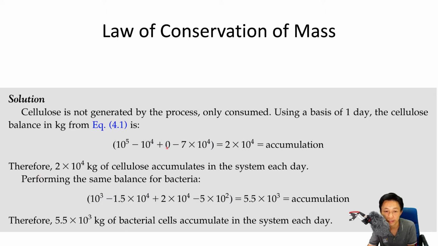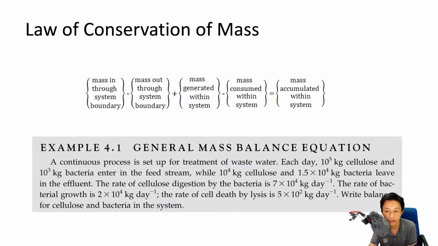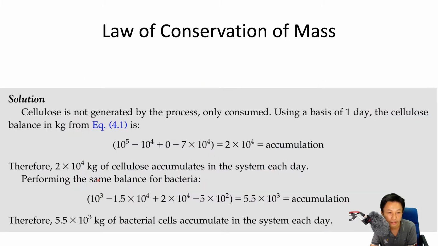What I said already, it is not generated, but it's different from the bacteria side. 100 kilograms enter here, and for bacteria, 1,000 kilograms of bacteria enter and leave at this rate. Generated at this rate. All terms are kilograms per day.